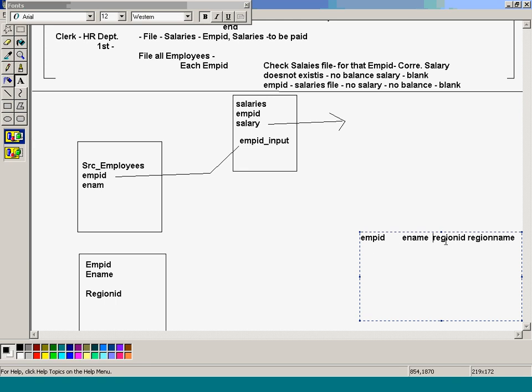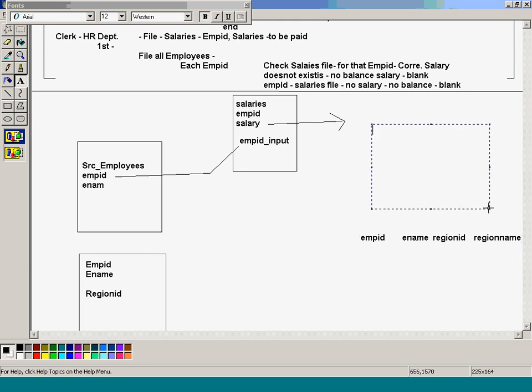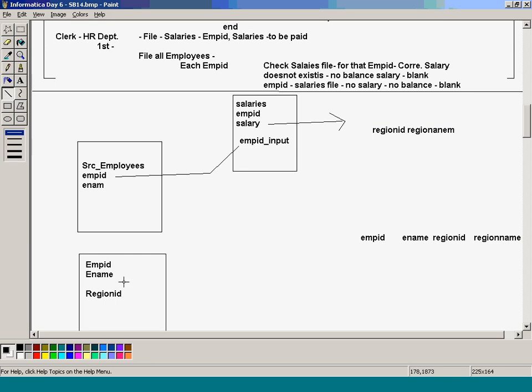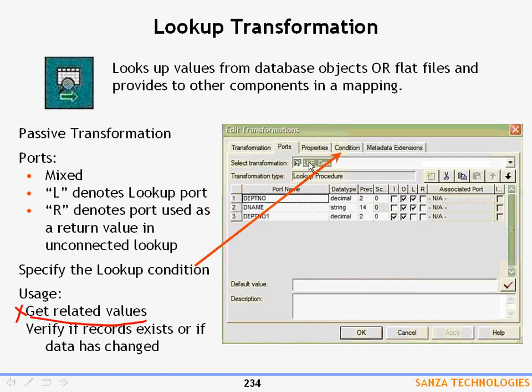So this is one source, and in one table or a file, I have region ID and the region name. From this region ID, I will look into that region table or file to get the corresponding value. For that purpose, we use the lookup transformation to get the related value.